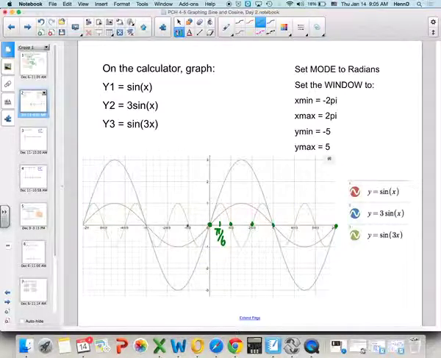Okay? And then I know I'm up at the highest point. So look, my amplitude's 1, so my highest point's up here at 1. And then I also look here, what's halfway between pi over 3 and 2 pi over 3?